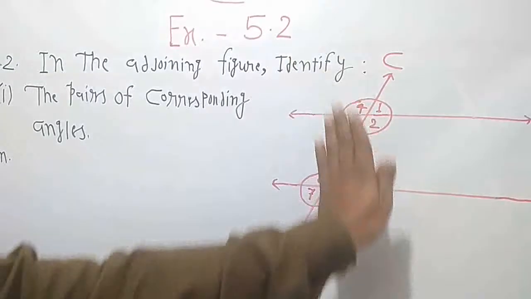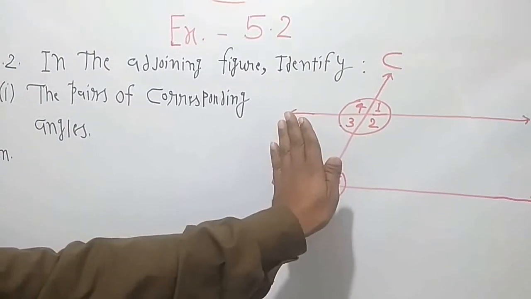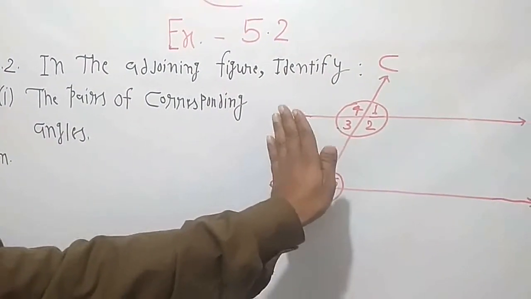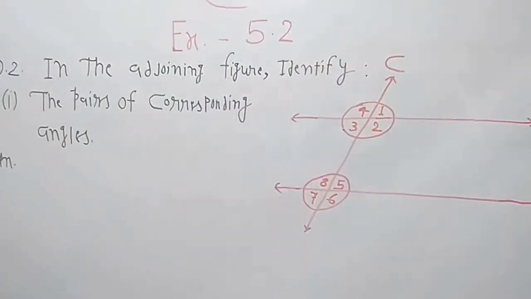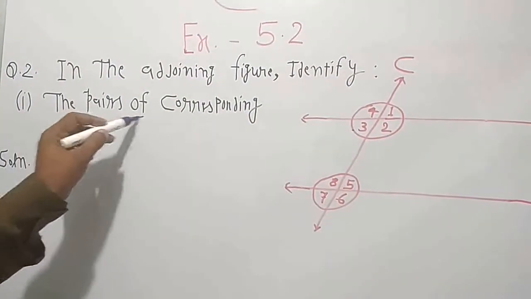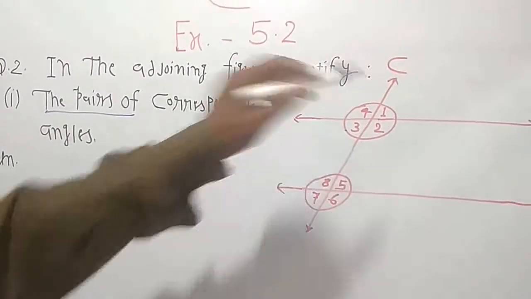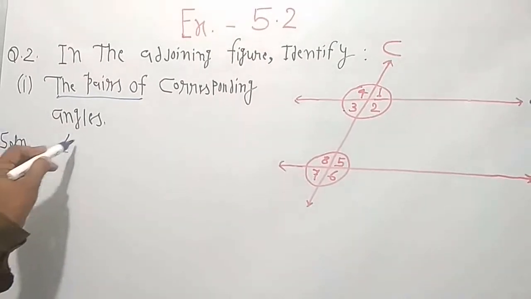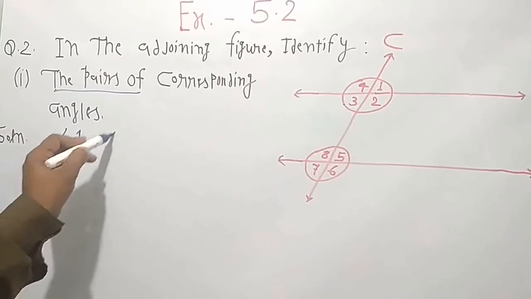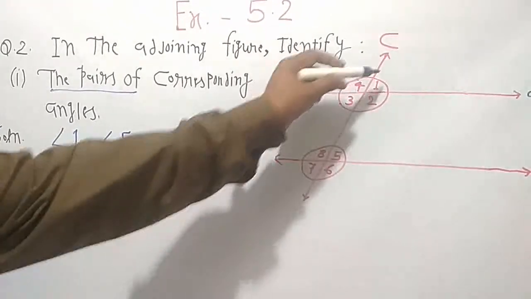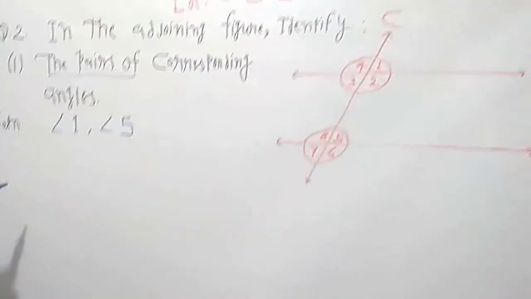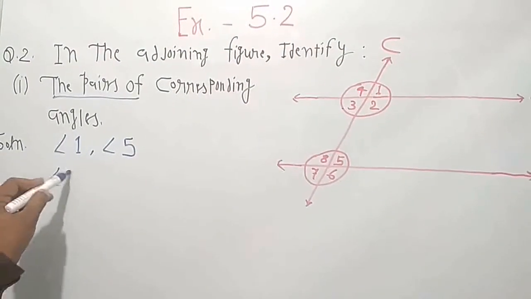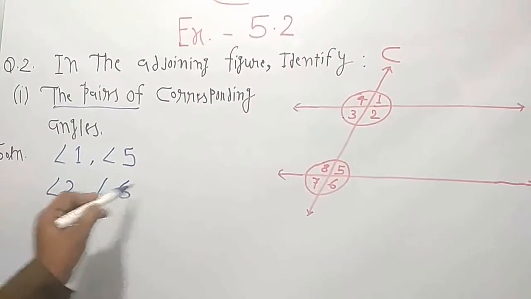Similarly, angle 4 and angle 8 have their faces on the same side, so they are corresponding angles. So we are searching the pairs of corresponding angles in the adjoining figure. The first pair is angle 1 and angle 5. The second pair is angle 2 and angle 6.